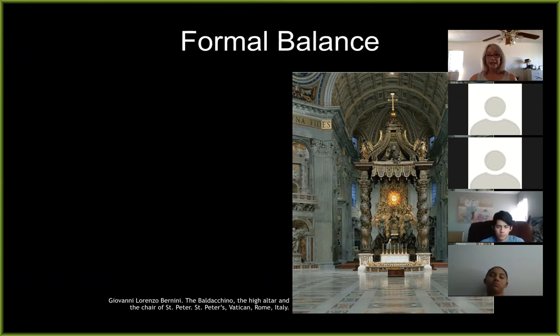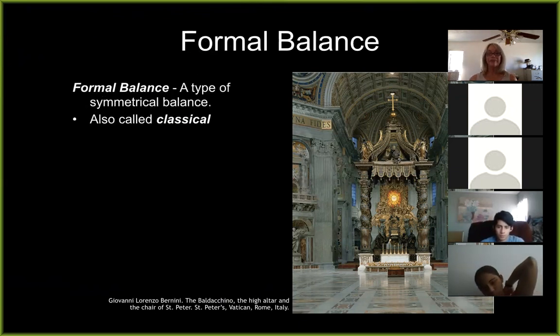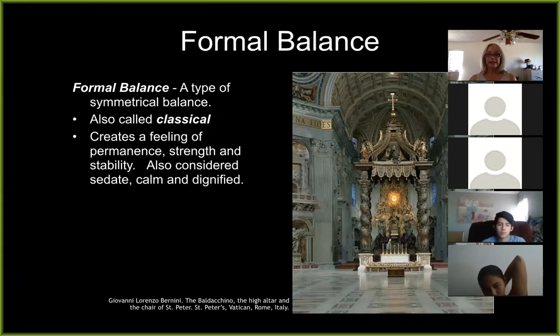So you'll see bilateral symmetry or symmetrical balance in a lot of government buildings and churches because it makes you feel calm. It makes you feel grounded. It creates a feeling of strength and permanence and stability.